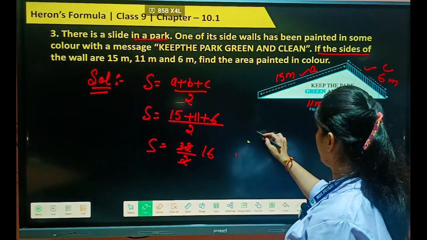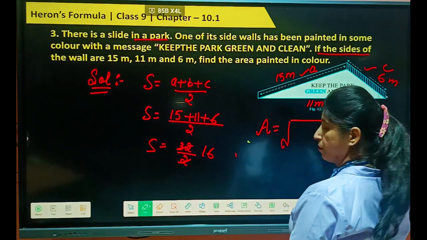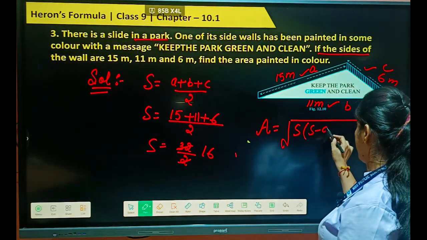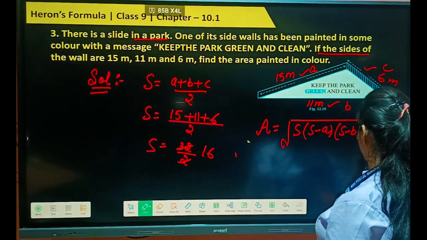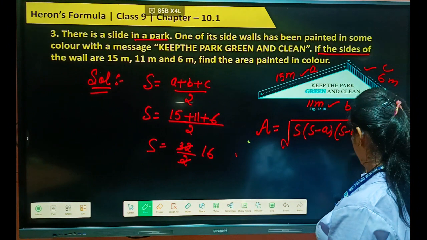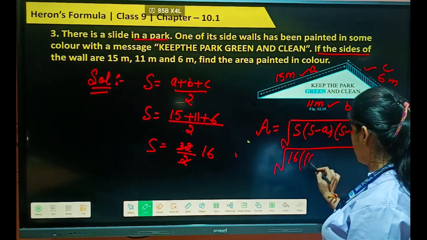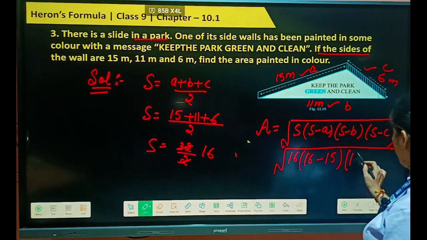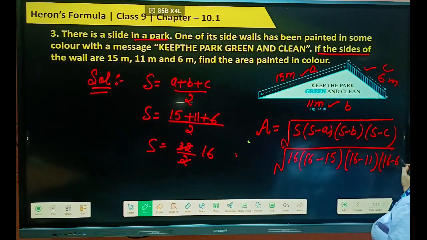Now we will apply Heron's formula, the area formula, that is root of S, S minus A, S minus B and S minus C, right? So S is 16, 16 minus 15, 16 minus 11 and 16 minus 6.